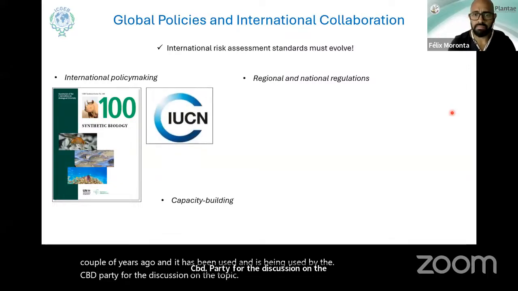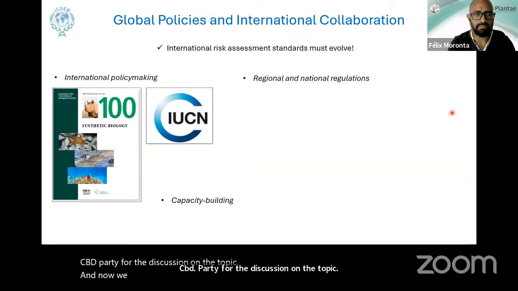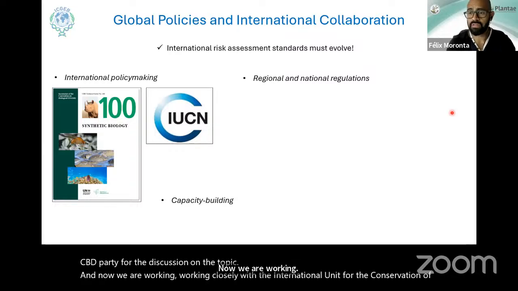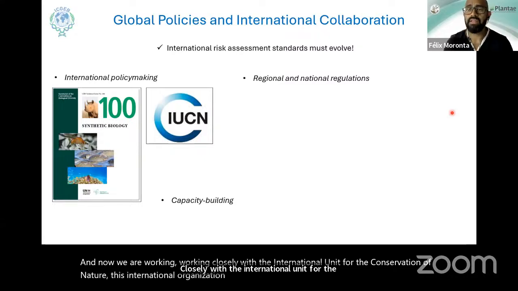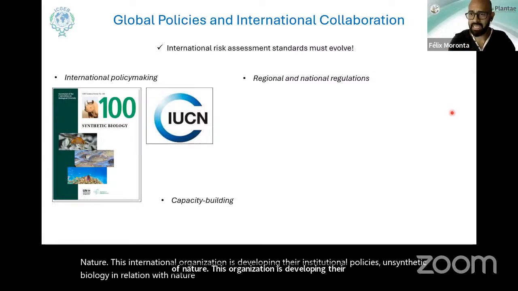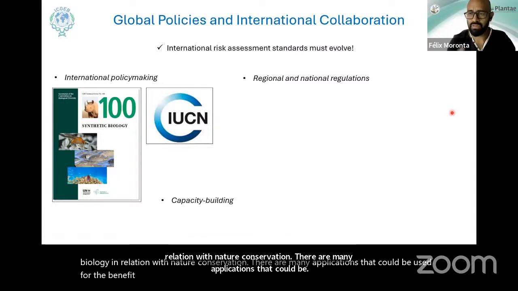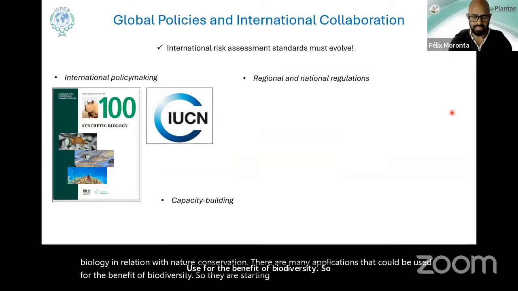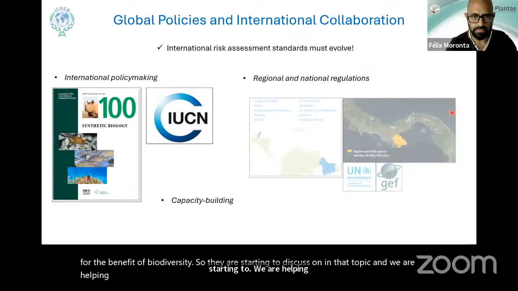And now we are working closely with the International Union for the Conservation of Nature. This international organization is developing their institutional policies on synthetic biology in relation to nature conservation. There are many applications that could be used for the benefit of biodiversity, so they are starting to discuss that topic, and we are helping them in those discussions.